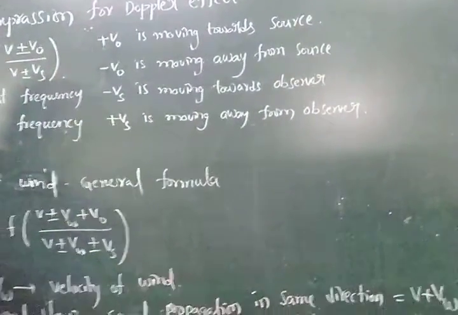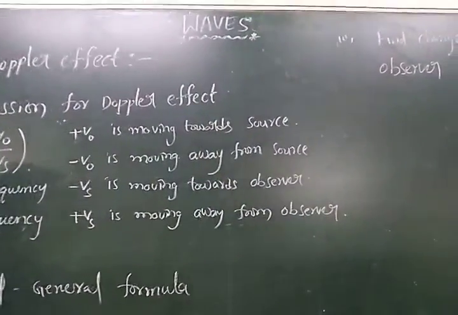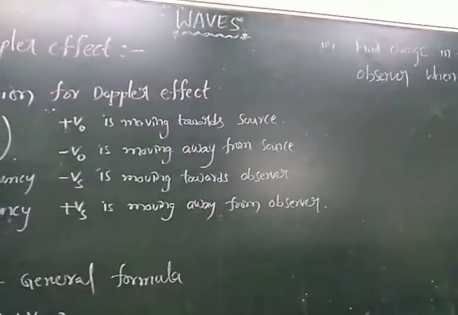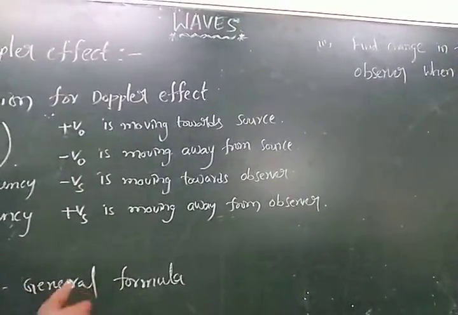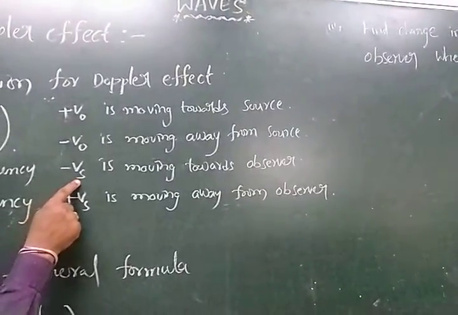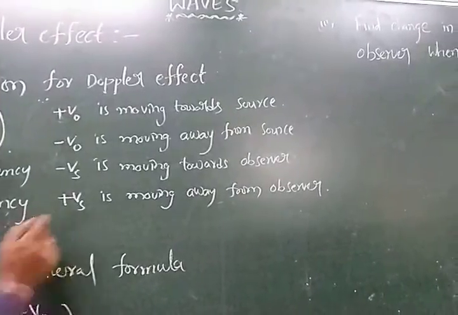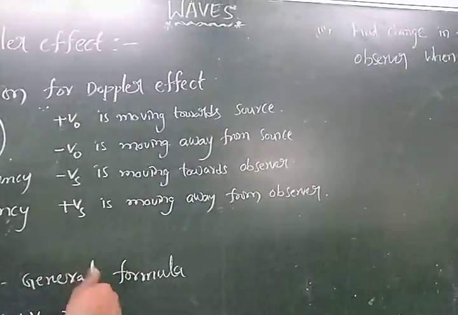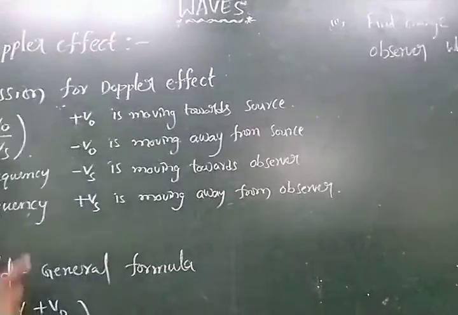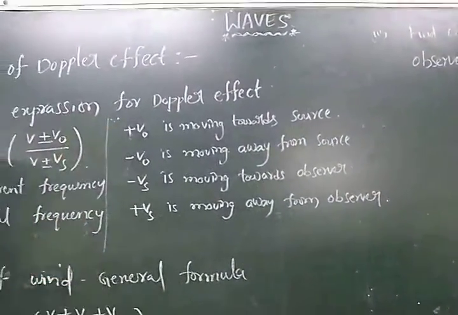Plus v naught is taken when the observer moves towards the source. Minus v naught is taken when it is moving away from the source. Minus vs, the velocity of the source, is taken as negative when it moves toward the observer, and plus vs is taken when it is moving away from the observer. This is the general expression.